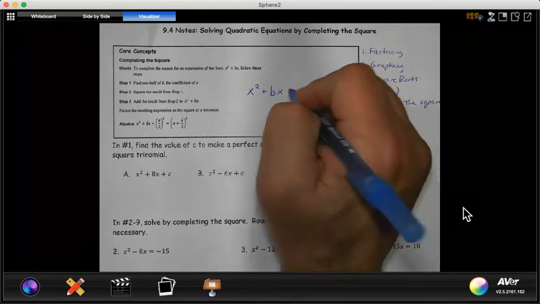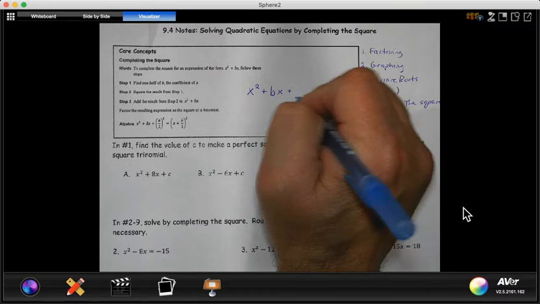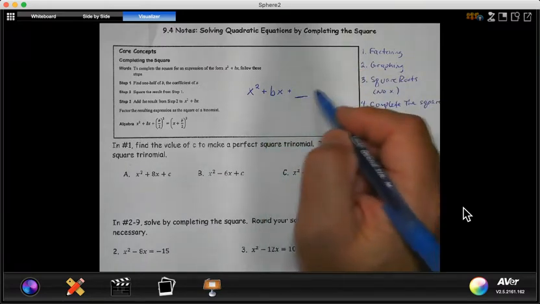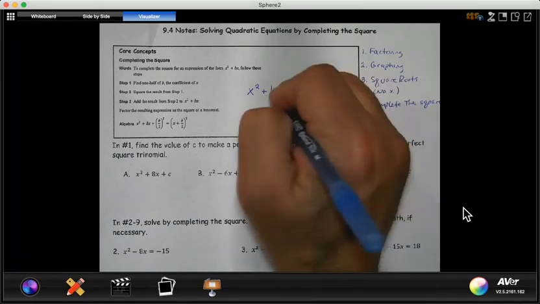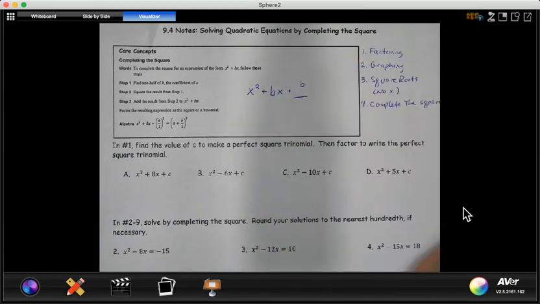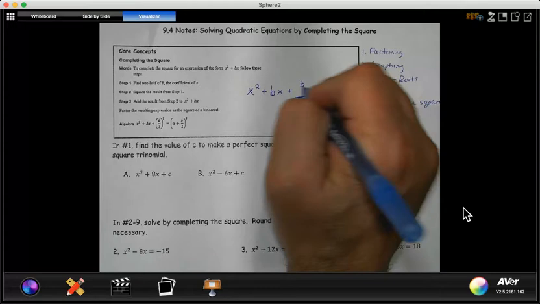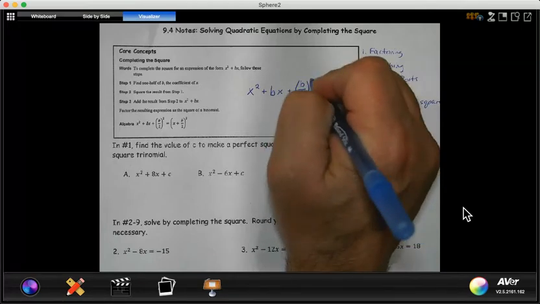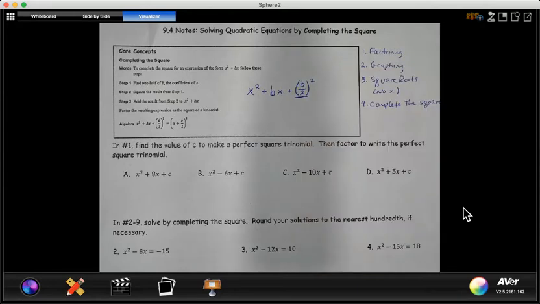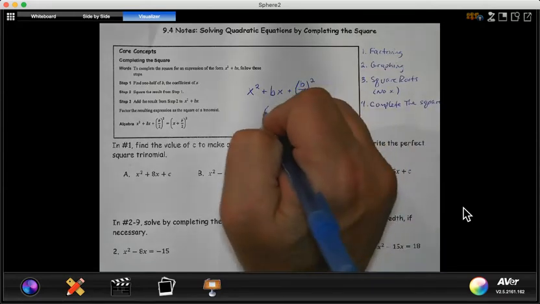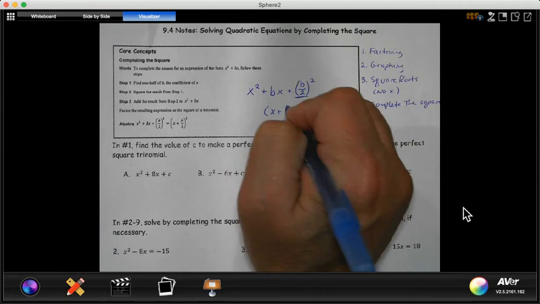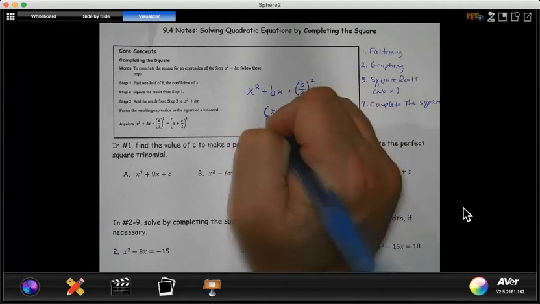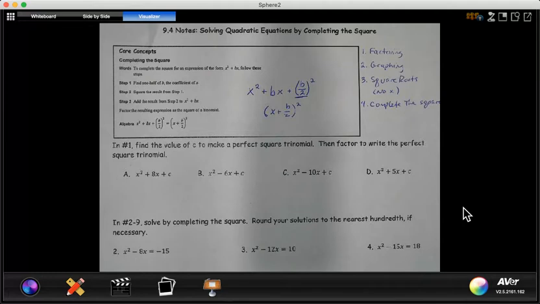If we have the perfect number in the no x term spot, the number here, and we cut it in half and then square it, then it will factor down to what's called a perfect square binomial. Okay? So let's see it with some numbers in play.